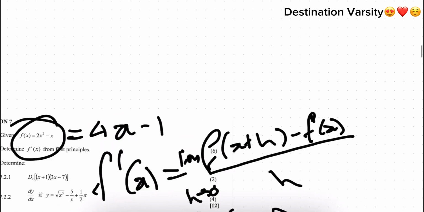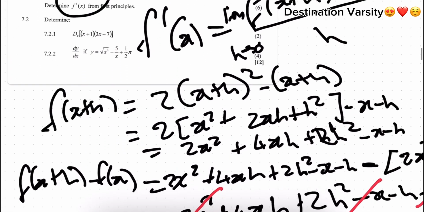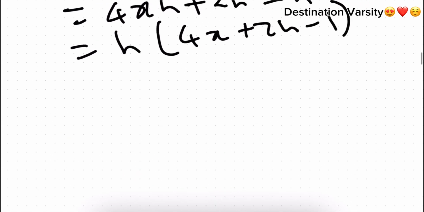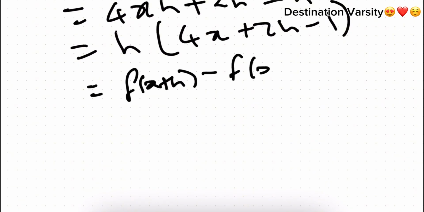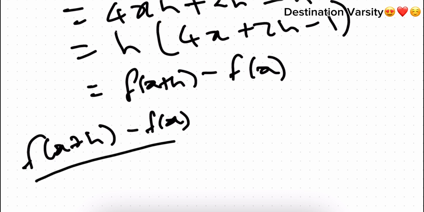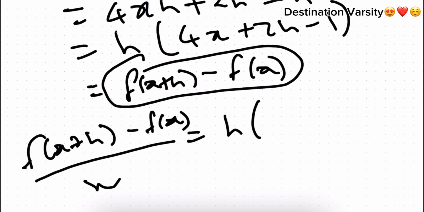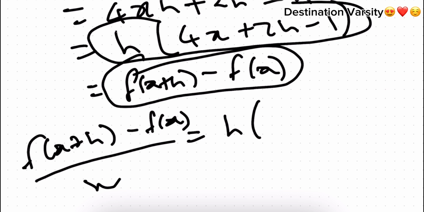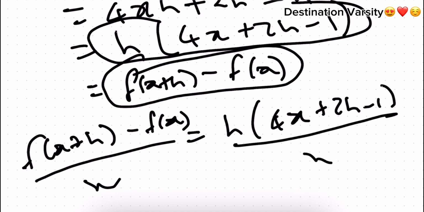Let's go back to the original thing. Because this is equivalent to f at x plus h minus f at x, what is f at x plus h minus f at x all over h? It's the same thing as h times 4x plus 2h minus 1 all over h, then your h's cancel.